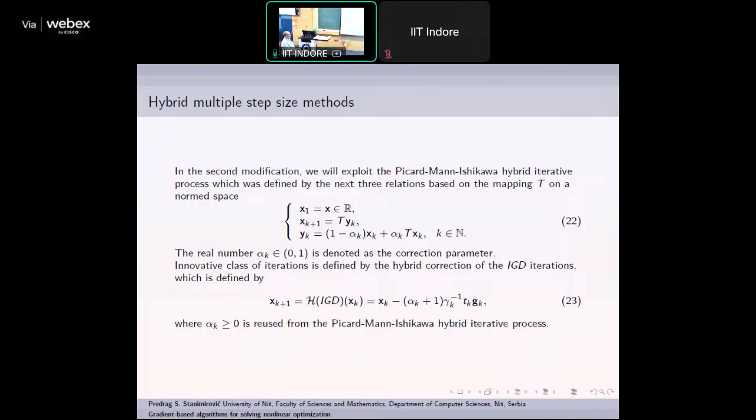And when we put in the improved gradient descent, we obtain one more parameter, alpha k plus 1. Alpha k is between 0 and 1. But alpha k plus 1 should be greater than or equal to 1.